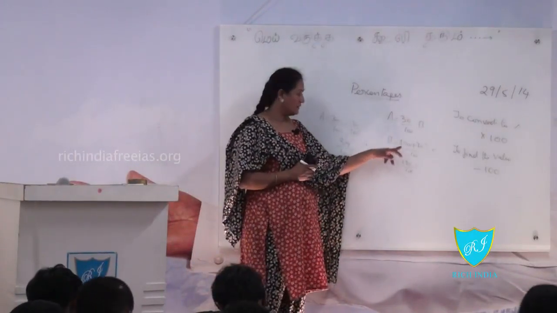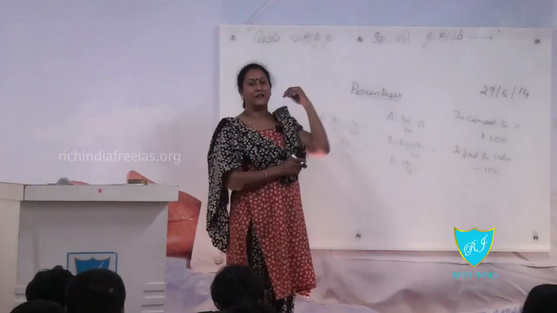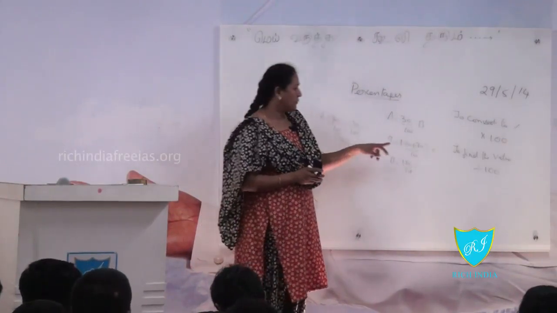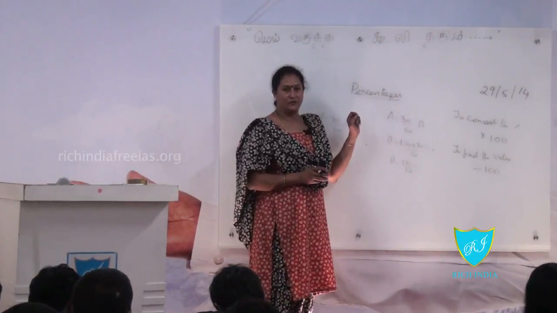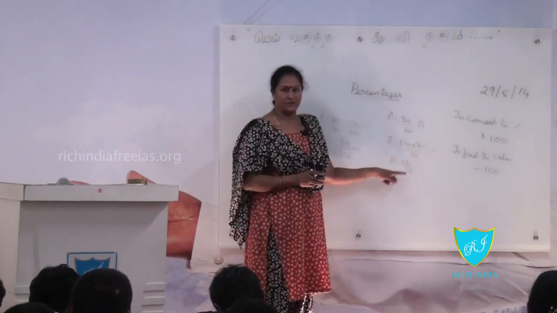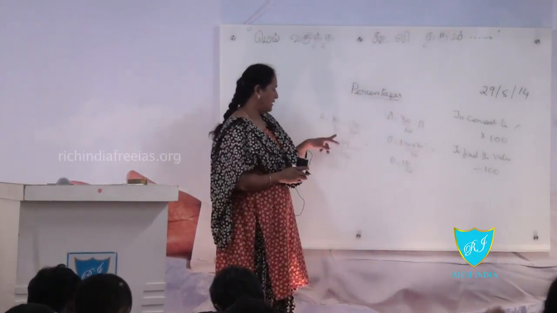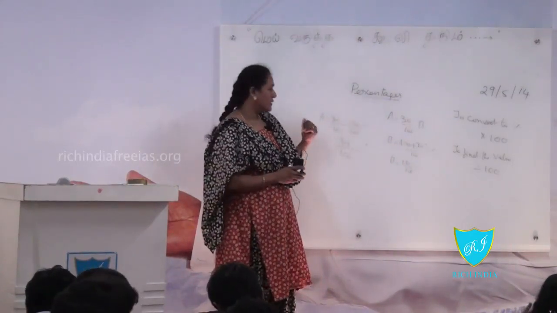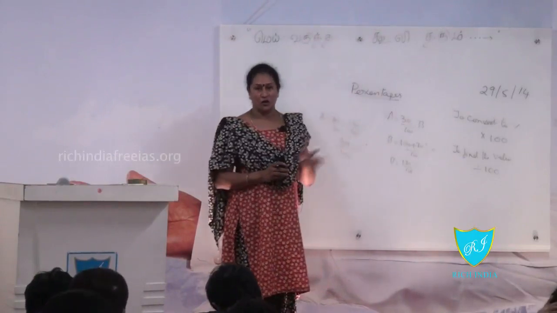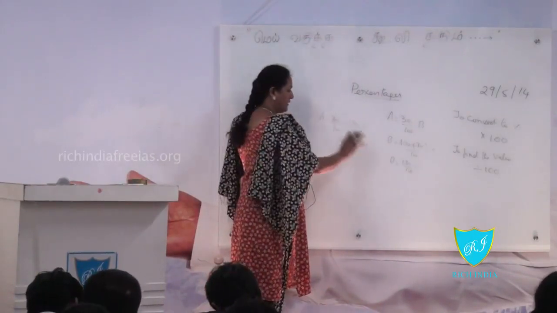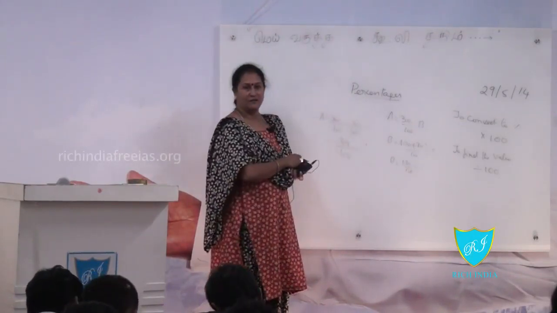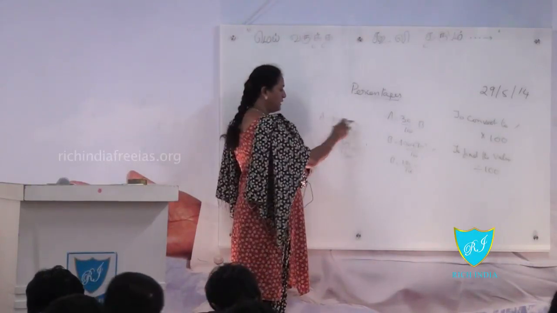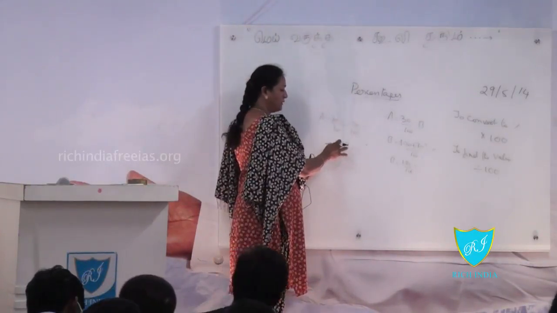If B salary is 30% more, upon the 100 you add, 100 plus 30, 130 times of 100. So 30 by 100, B is 130 by 100 times of C. Suppose B was given 30% "of", then you will have just 30, and it will be 3 into 3, numerator 9.